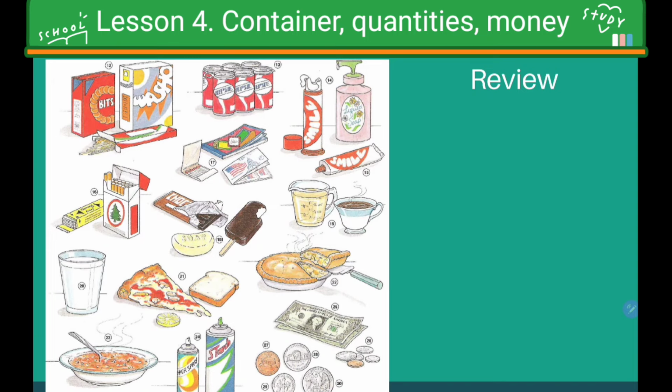And 22, we have a piece of pie, a piece of cake. And number 23, a bowl of tomato soup. And 24, we have our spray gun. And 25, paper money, bill.